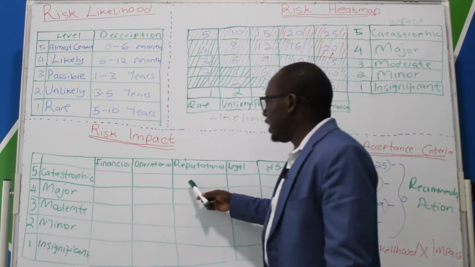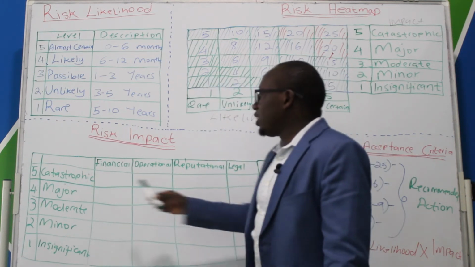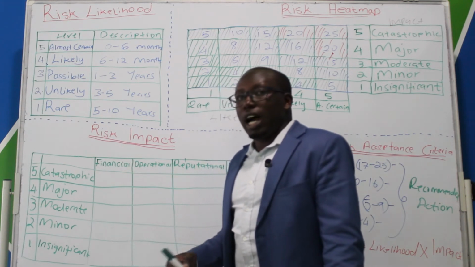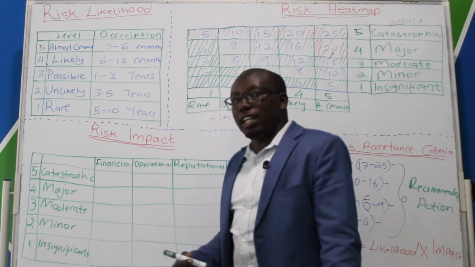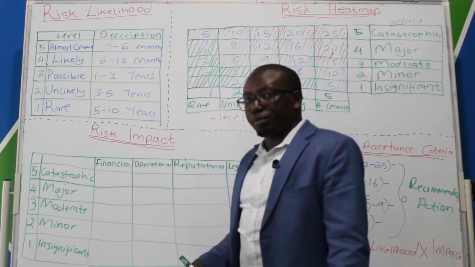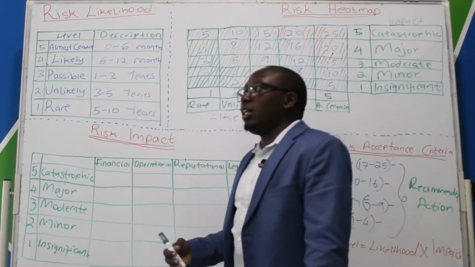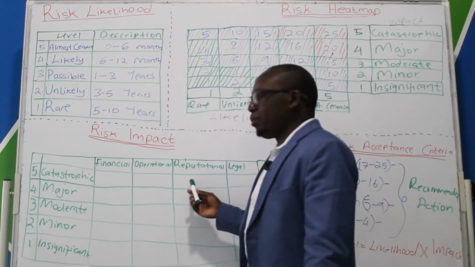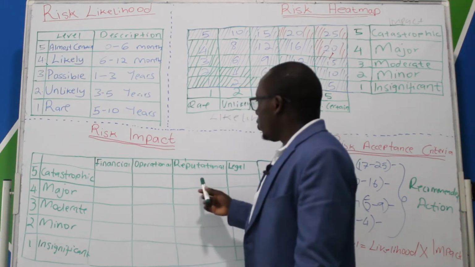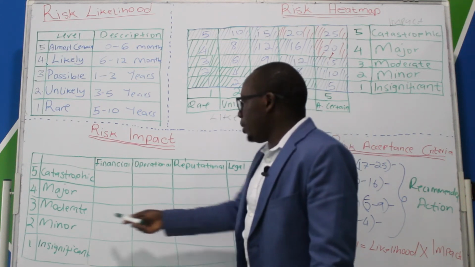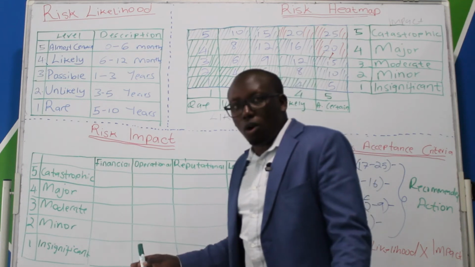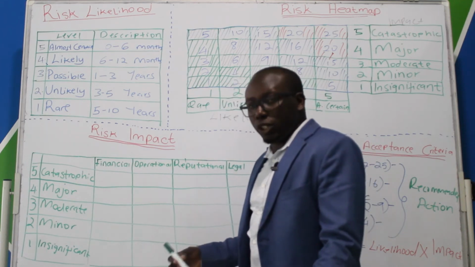Then you come to, let's say, reputational. Maybe catastrophic for you would be having negative international and local reputational damage, and maybe minor would be just negative local information being spread out.